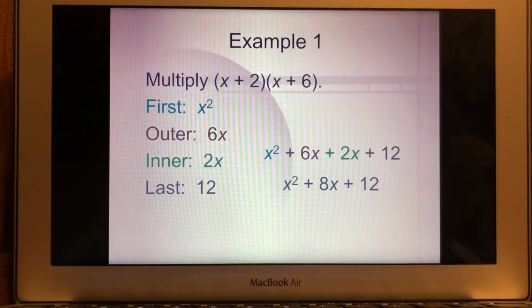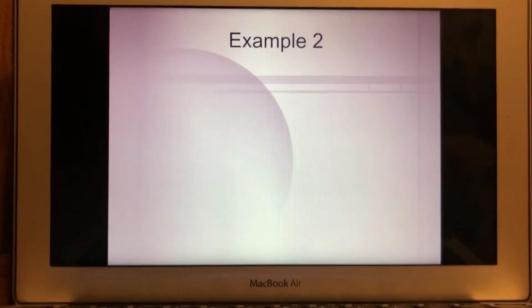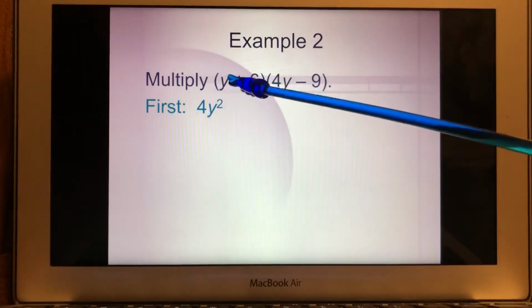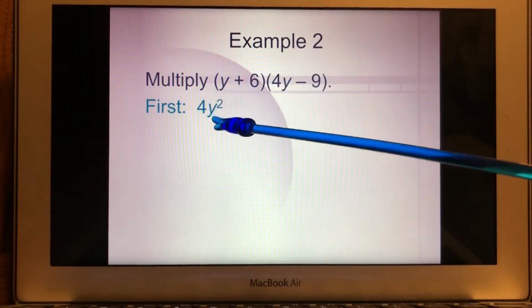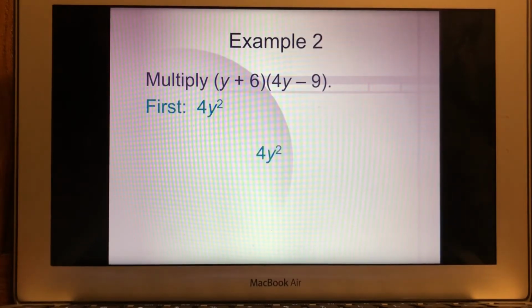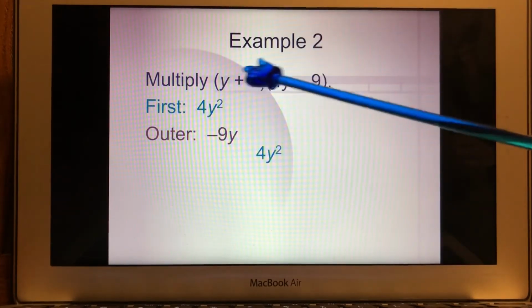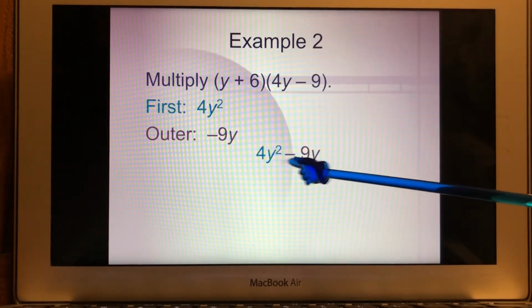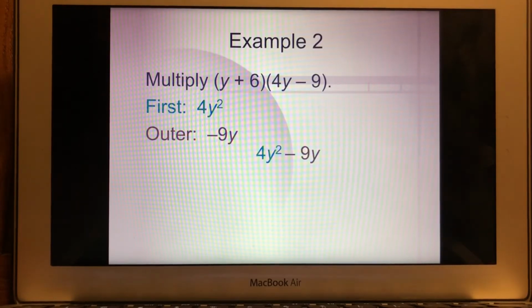Simple enough, right? Now let's try another example: y plus 6 times the quantity 4y minus 9. My first term is y times 4y, which gives me 4y squared. The outer terms are y times negative 9, which gives me negative 9y, so minus 9y.